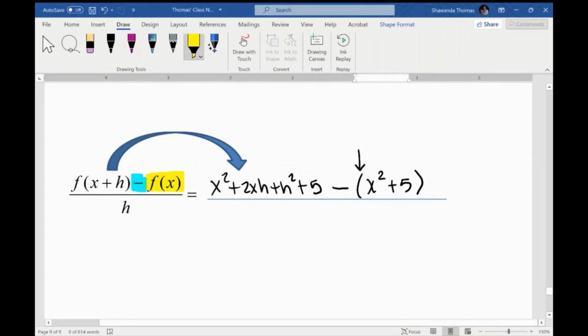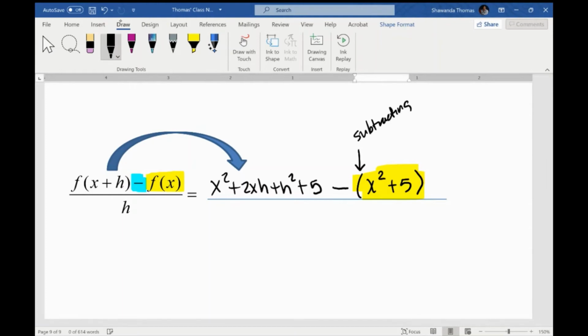So we have to subtract all of it, and you need to indicate that with a parenthesis. So a parenthesis is crucial at this step.